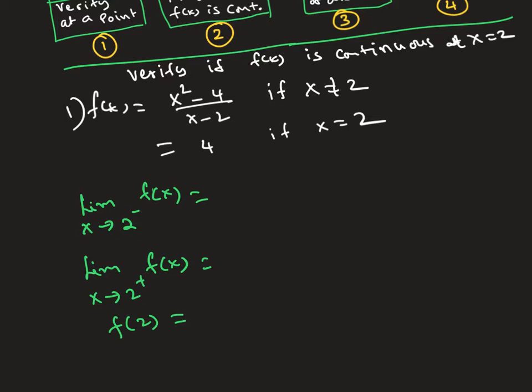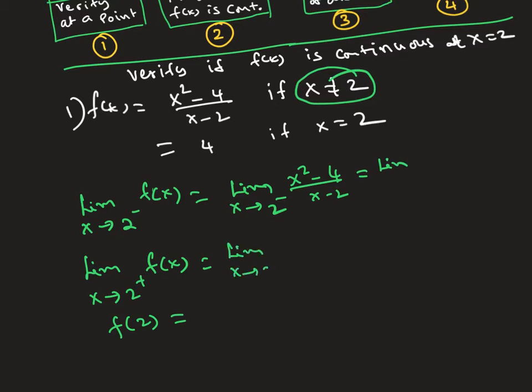For the left side and right side, we are supposed to use the same piece, because when x is not equal to 2, when x is approaching from the left side, it's not exactly 2, but we are getting closer to 2. You are supposed to use this piece they gave you. And the same thing for the limit as x approaches 2 from the right side, you use the same piece.